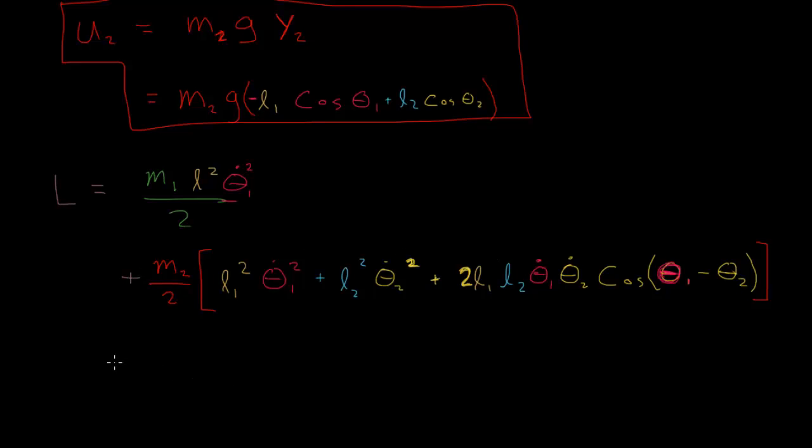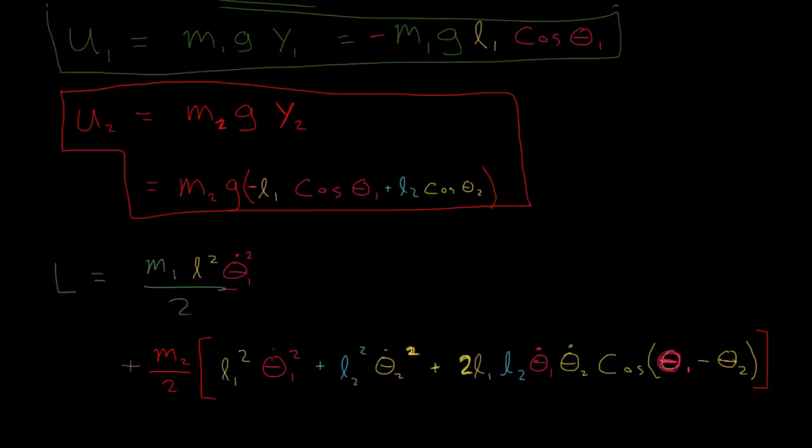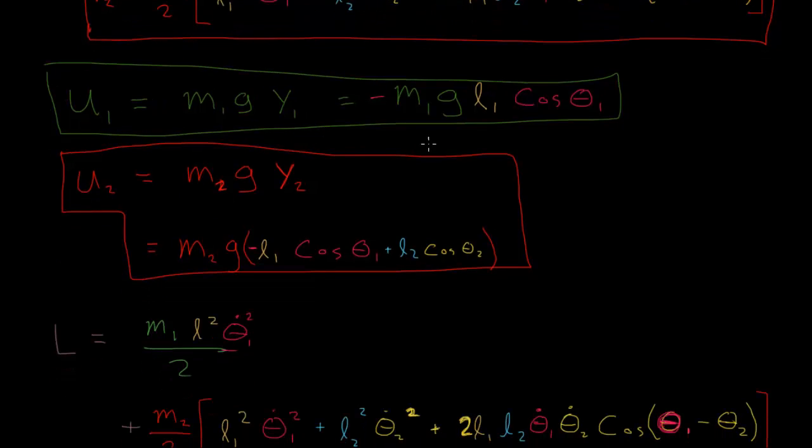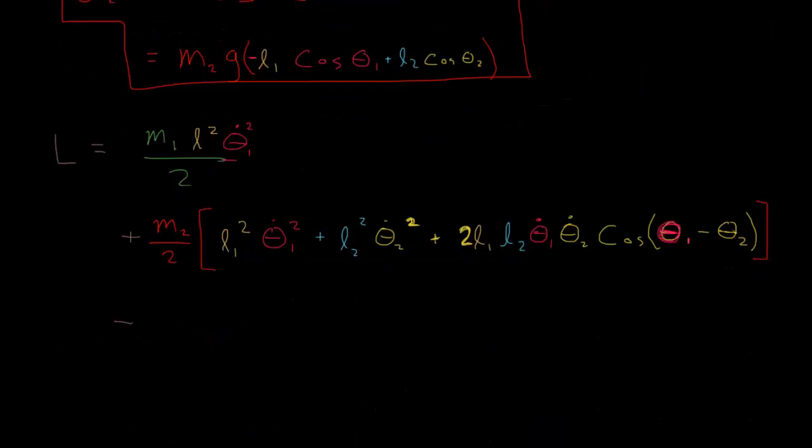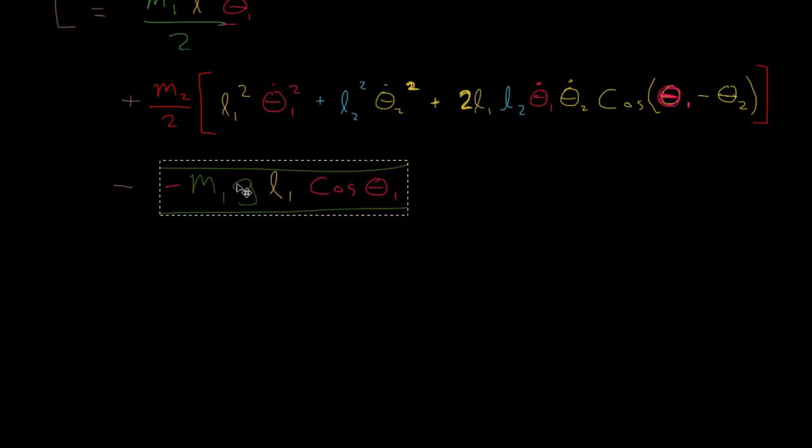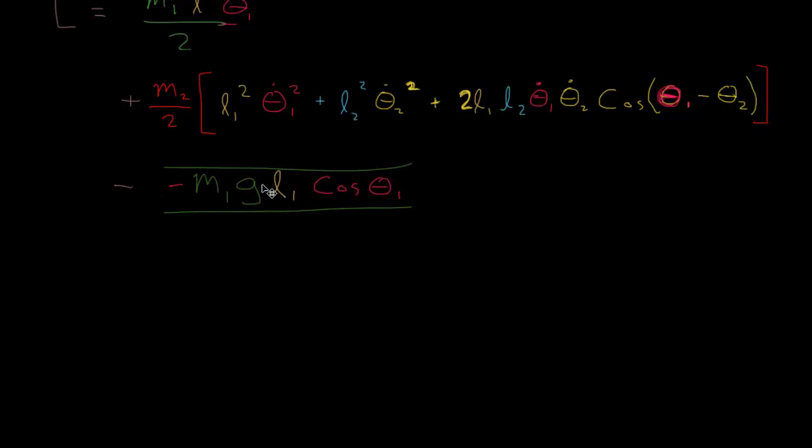And then we're going to subtract our potential energy functions. So take this, copy, and paste it. Just trying to spare you some of the time watching me rewrite these things. Right, so this is the potential energy of the first pendulum.